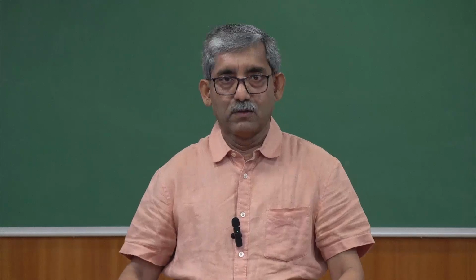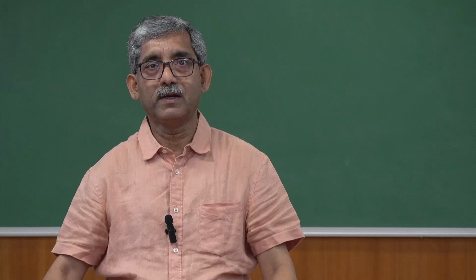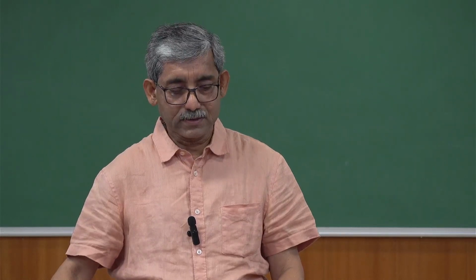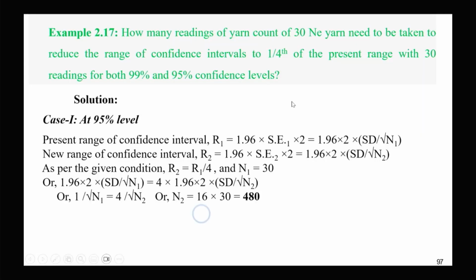So, we will continue with the numerical part. This we have already discussed, where if we want to reduce it to 1/4 of the existing error, we have to multiply the present number of readings with the square of 4, that is 16.